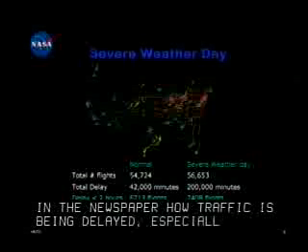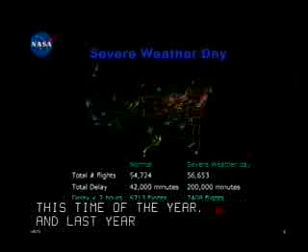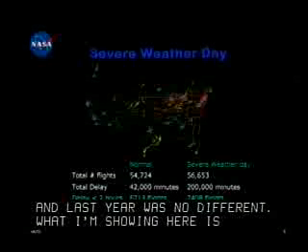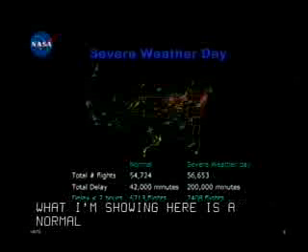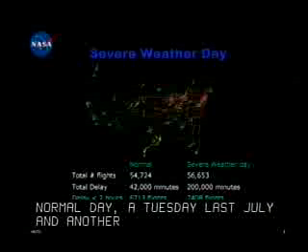You probably are already reading in the newspaper how traffic is being delayed, especially during this time of the year. And last year was no different. What I'm showing here is a normal day, a Tuesday last July, and another Tuesday 3 weeks later where we had severe thunderstorm activity.